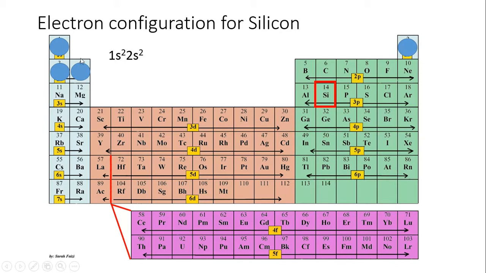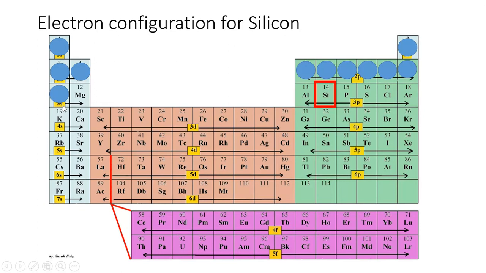So we finished our 2s block because we have 2 electrons, so we need to move to the 2p block. So now we have 2p1, 2p2, 2p3, 2p4, 2p5, and 2p6. There can be 6 electrons in each p subshell, and now that we have 6 electrons in the second energy level p subshell, we can move on to the third period, the 3s.